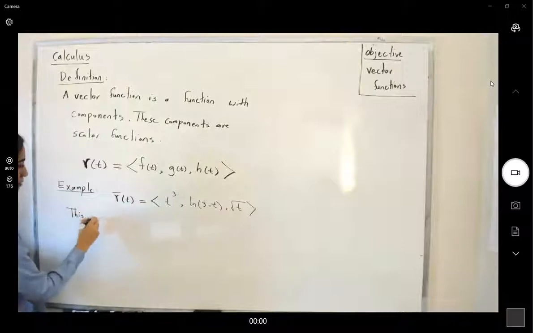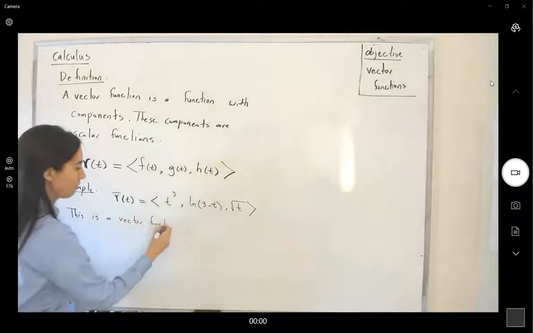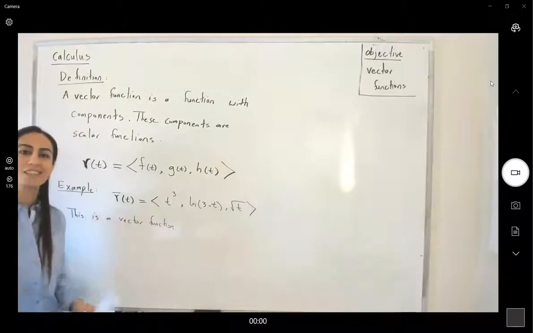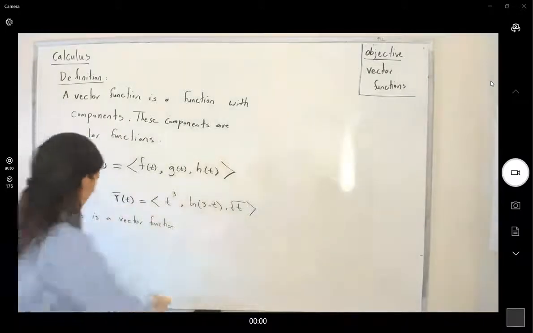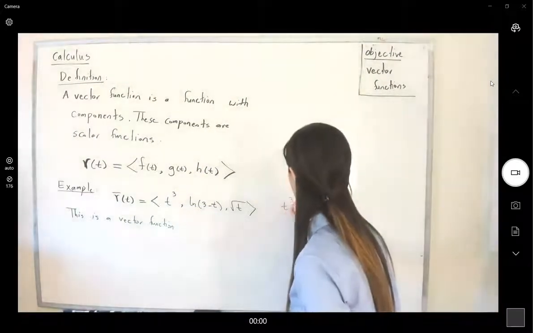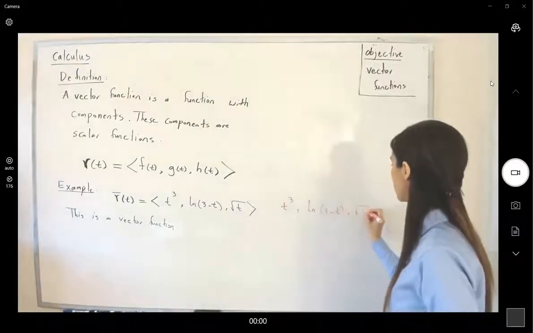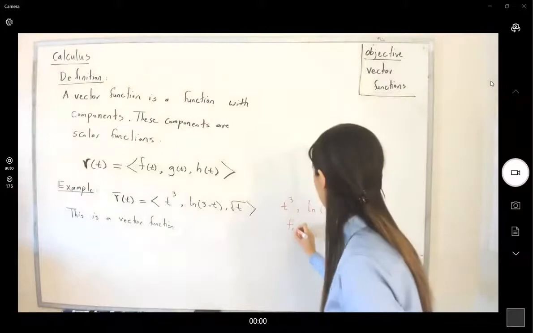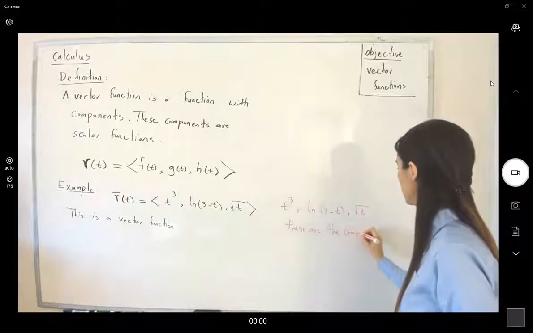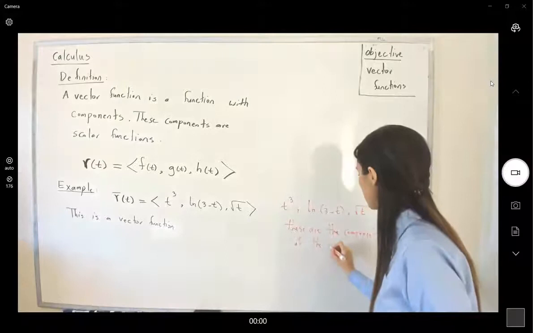This is a vector function, and the components of this function are scalar functions: t cubed, ln of 3 minus t, and square root of t. These are the components of the function.